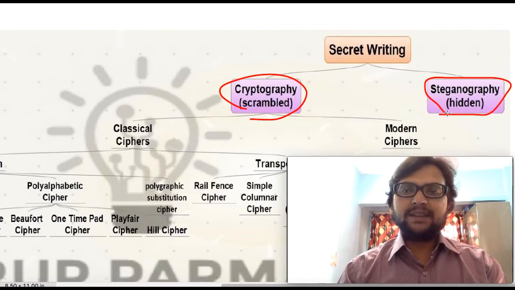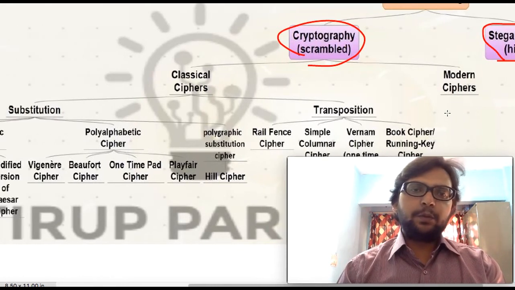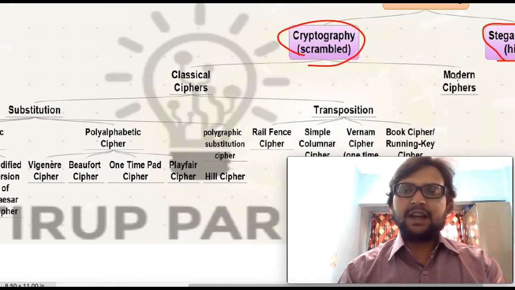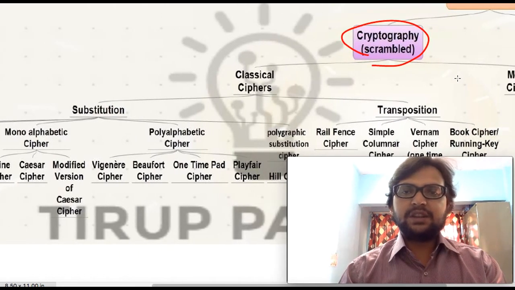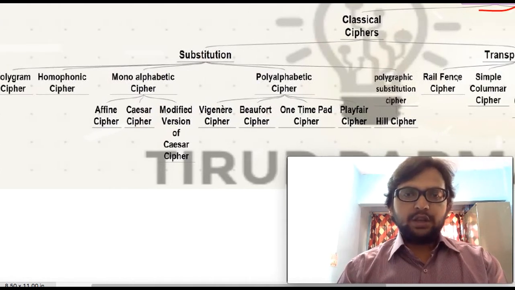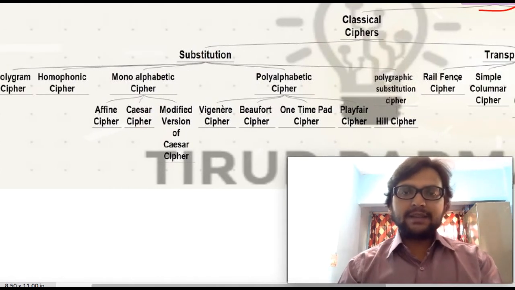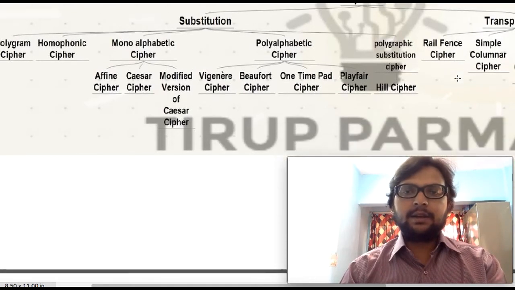Then cryptography is again divided into classical cipher and modern cipher. Classical cipher is again divided into parts like substitution and transposition, and as you can see there are different types. I have made this mind map for your reference so you can easily remember it. And these are the algorithms which we are going to discuss right now.